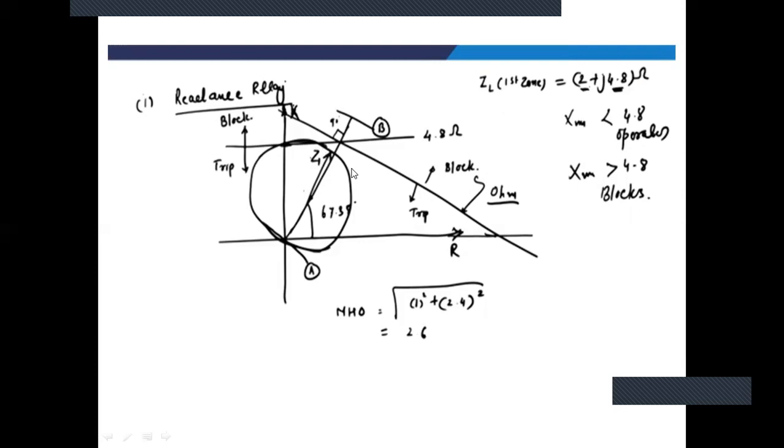So what will be the radius of the Mho relay? It can be calculated by considering the Mho value: Mho is equal to the square root of (1 square plus 2.4 square), so 2.6.